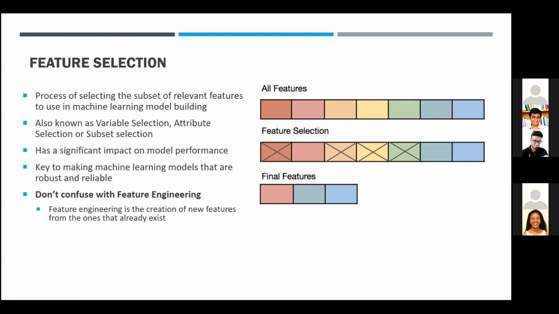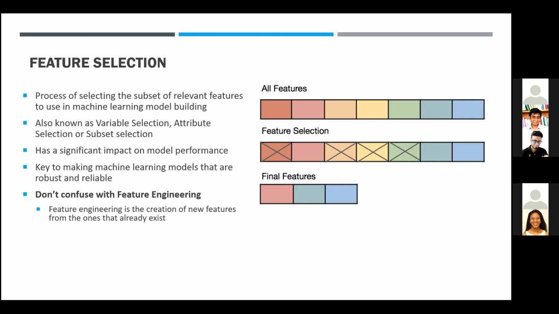Another important point, sometimes we can tend to confuse this with feature engineering. Feature engineering is a different concept where you create a new feature from the ones that already exist. So for example, if you are modeling a distillation column, then there's this concept of distillate to feed ratio.